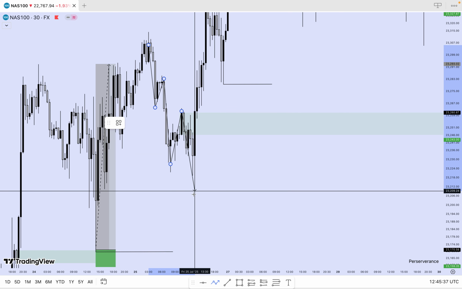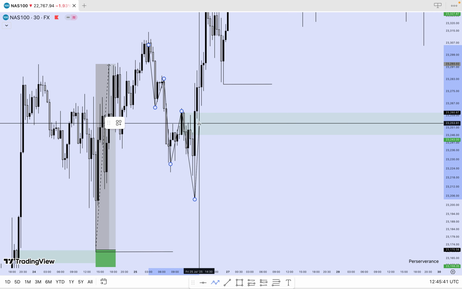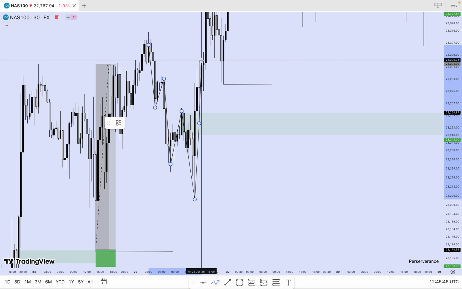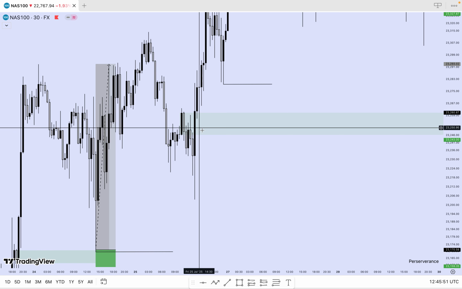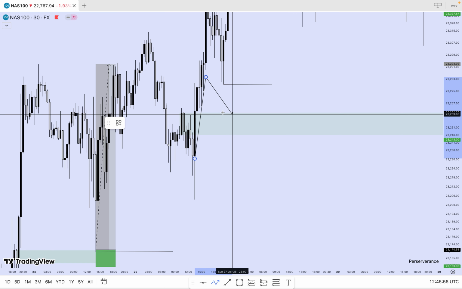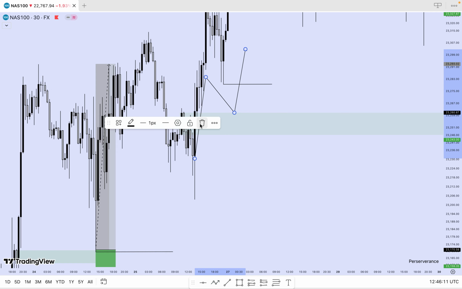Now, since the market is going back up, the price is supposed to respect this order block and push it back down, right? But instead, the market traded past this order block without respecting it at all. Now, if price comes back towards this order block, the market will use this order block as a support level. In other words, this order block is now a breaker block, because it was a failed order block, and it will now push the market back up.